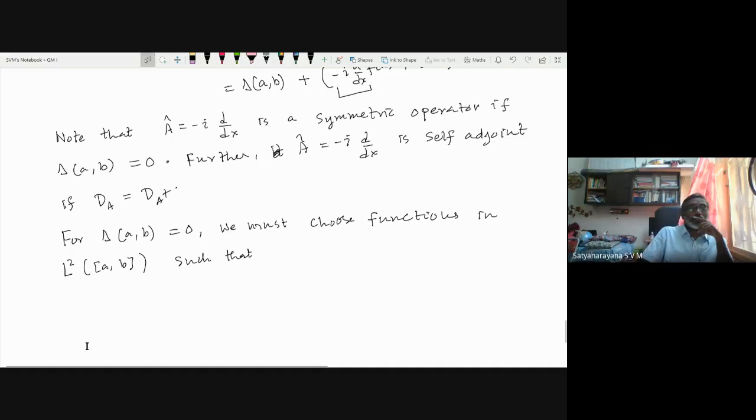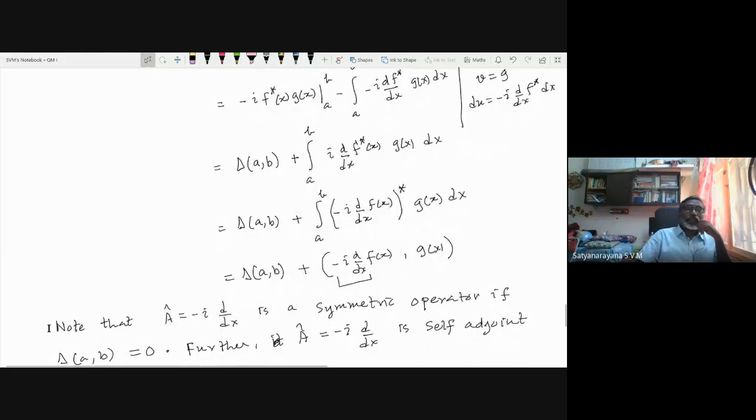So let us write what is delta of ab. Delta of a comma b is equal to minus i f star of b g of b plus i f star of a into g of a, because this is the expression. If you substitute the limits in this equation, this is what I am calling delta ab.